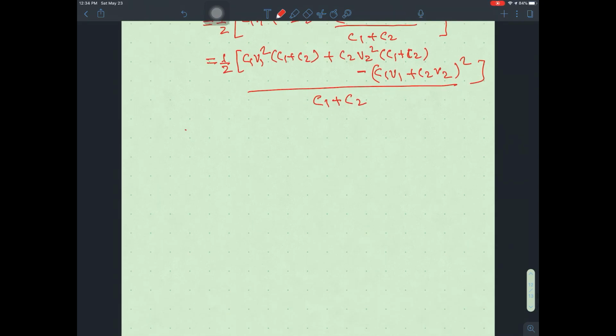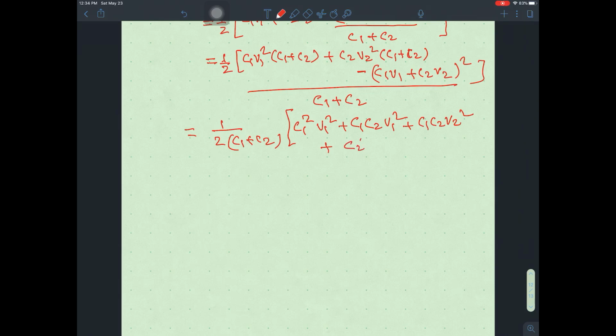This can be written as 1 by 2 (C1 plus C2), I am taking outside. This multiplication will give you C1 square V1 square plus C1 C2 V1 square plus C1 C2 V2 square plus C2 square V2 square.